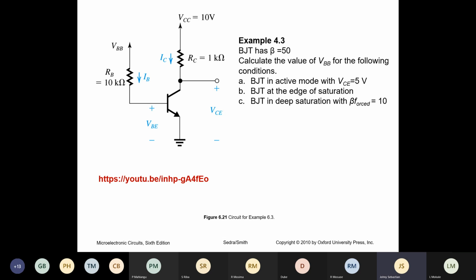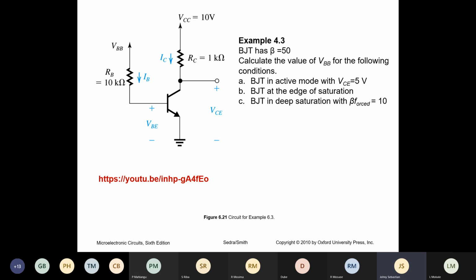We have a VCC of 10, an RC of 1K, then we have a BJT. At the emitter, there is no resistance. So this is your VBE.